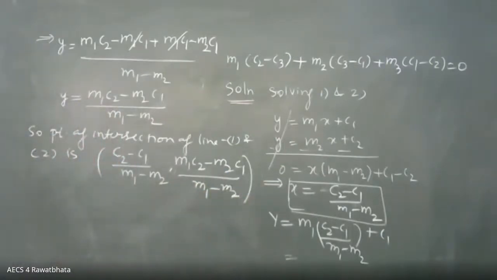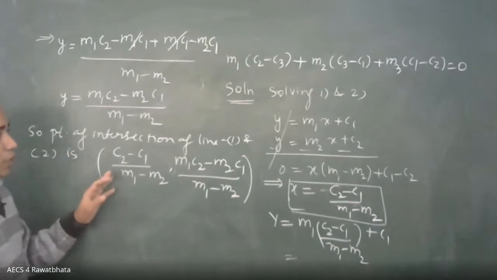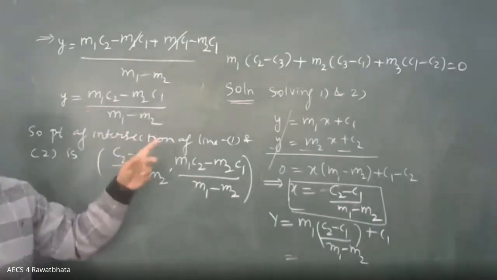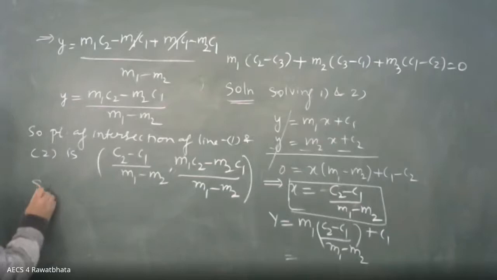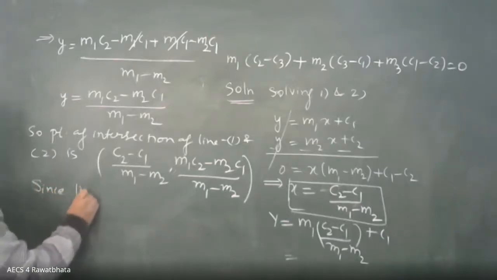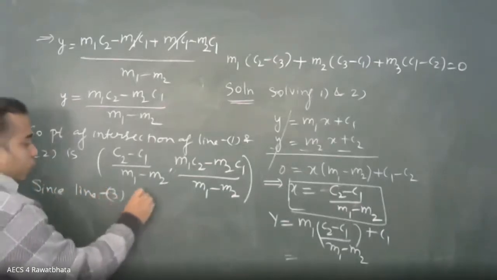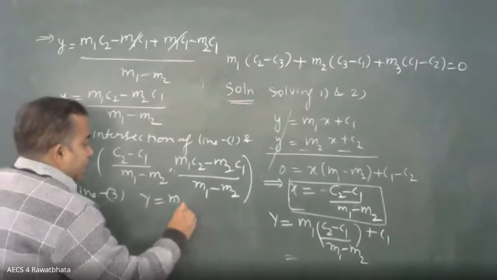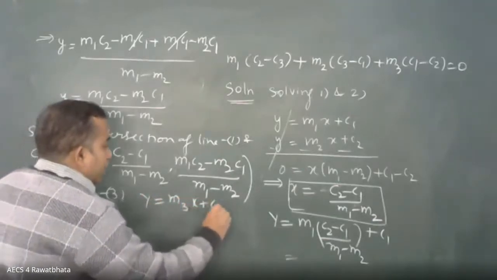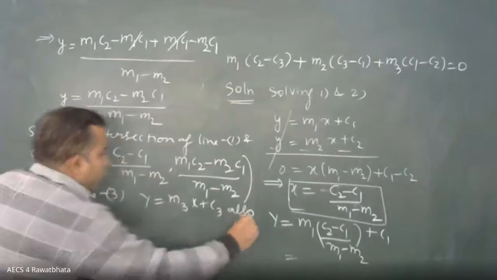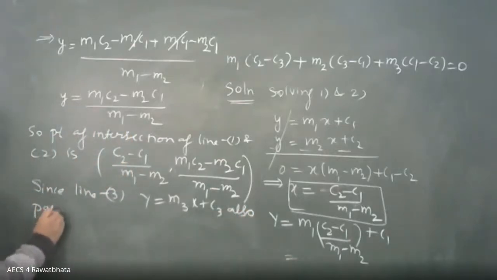Okay, so this point of intersection is going to satisfy the third equation also, since line 3, which is y equal to m3x plus c3, also passes through the same point.